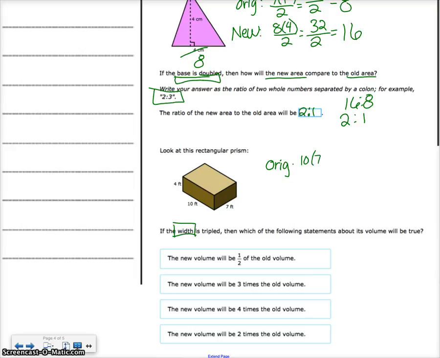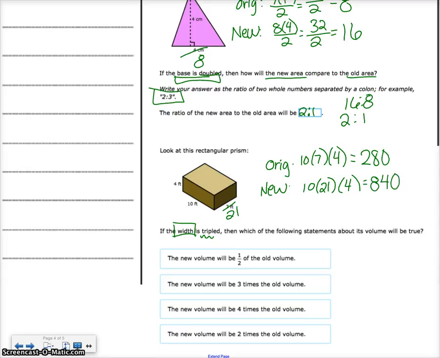So 10 times 7 times 4, which is 280. My new one, so I'm tripling my width. So this is going to turn to 21. So my new one's going to be 10 times 21 times 4. 10 times 21 times 4 is 840.